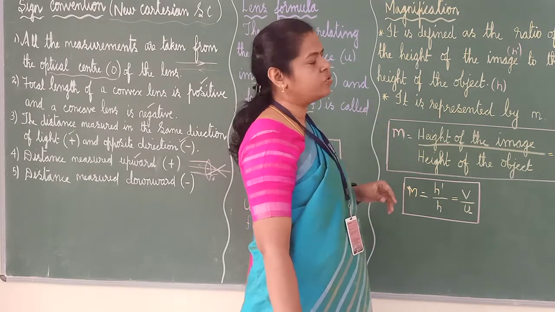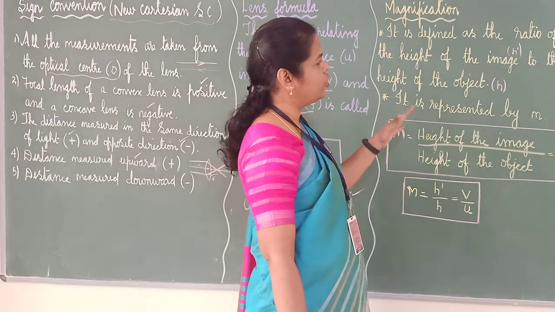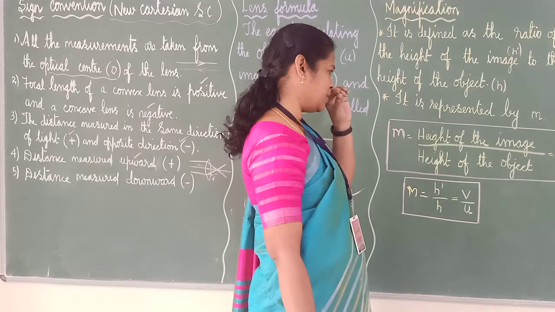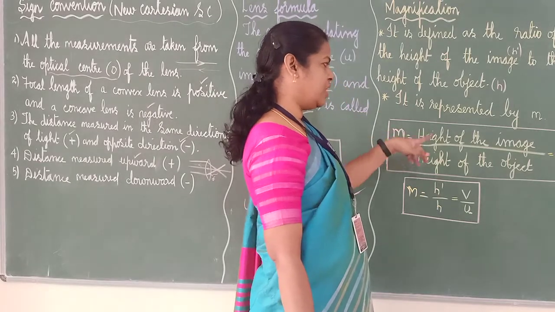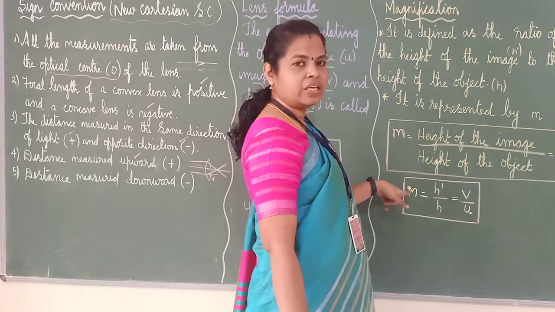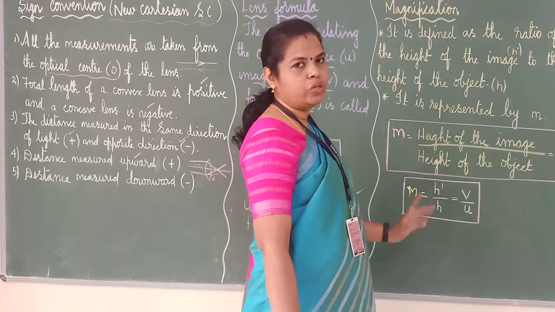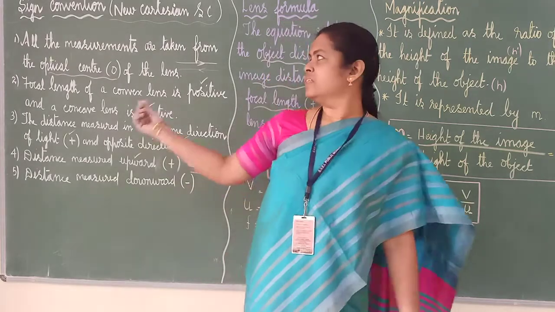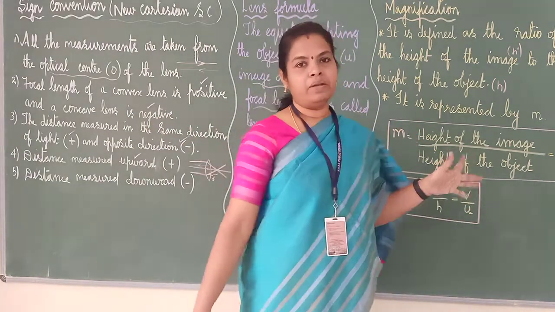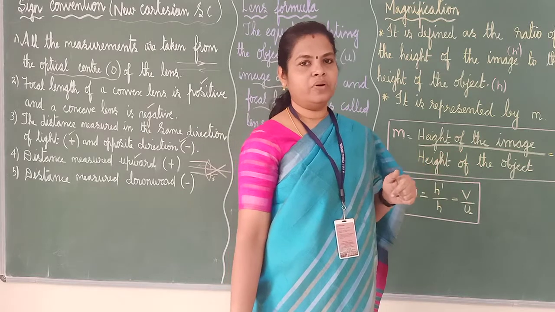So this definition is very important. It is defined as the ratio of the height of the image to the height of the object. m is equal to h dash by h, or it can also be written as v by u. So all these three things, sign convention, lens formula and magnification, are very important.